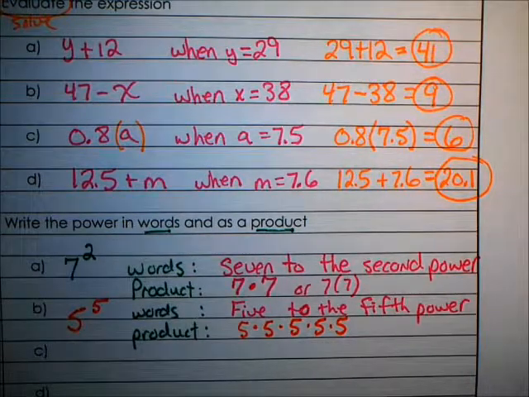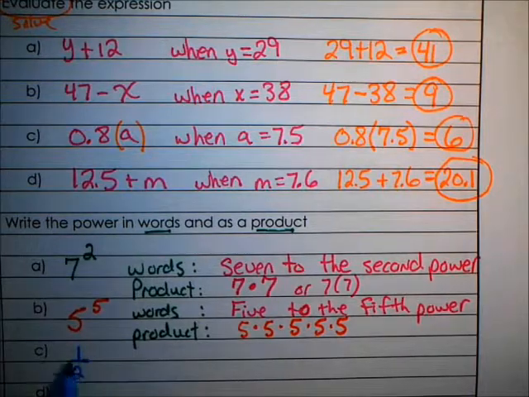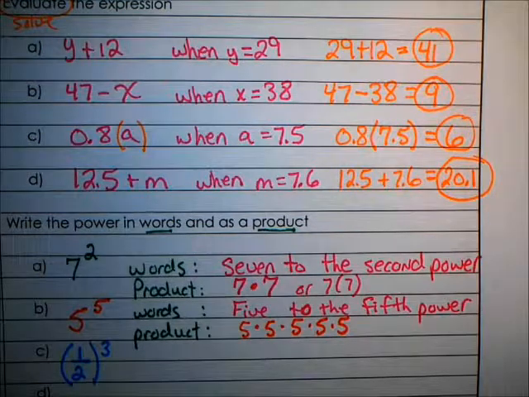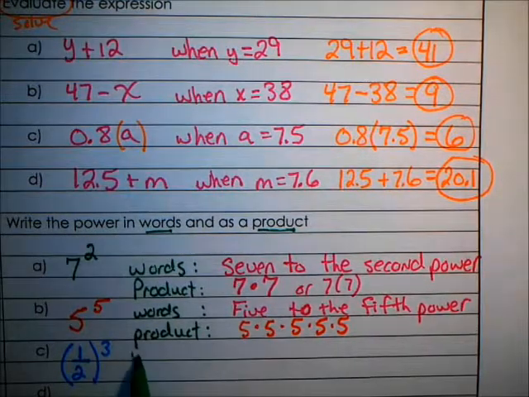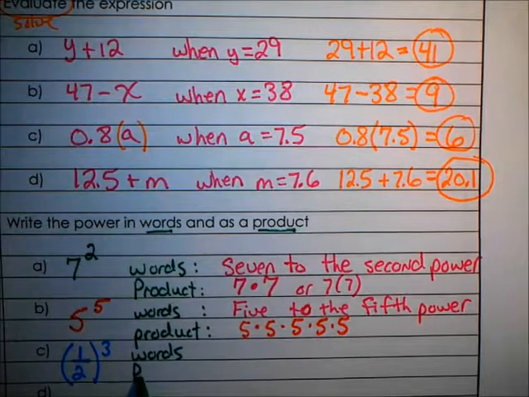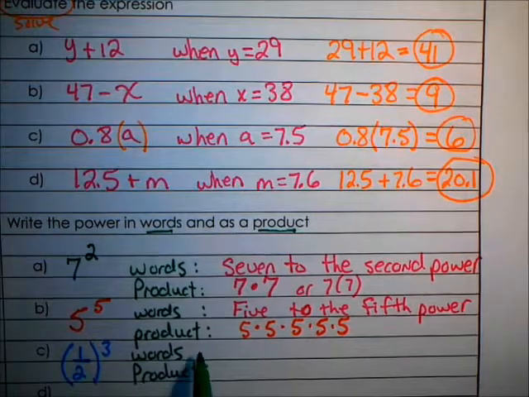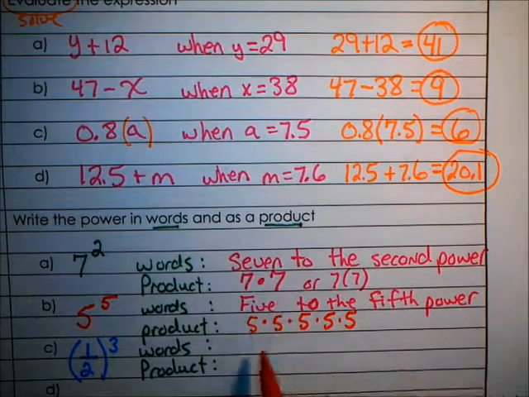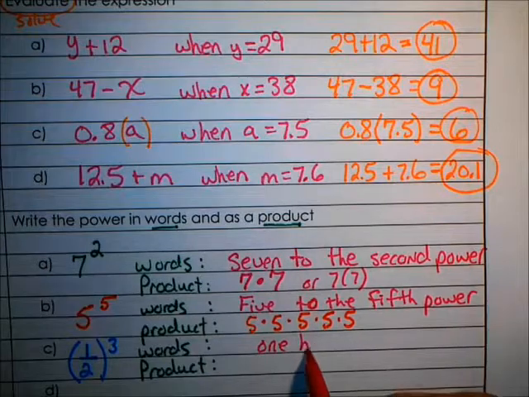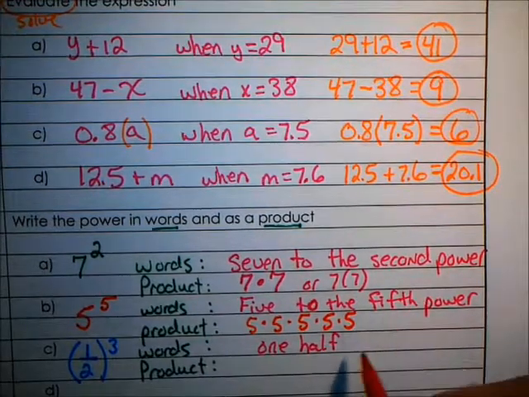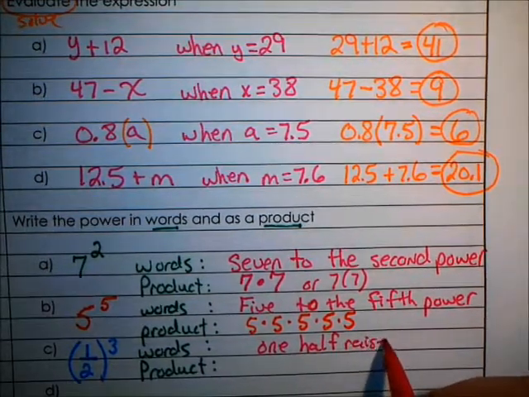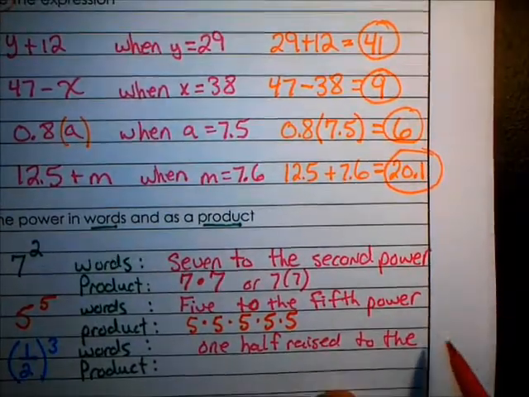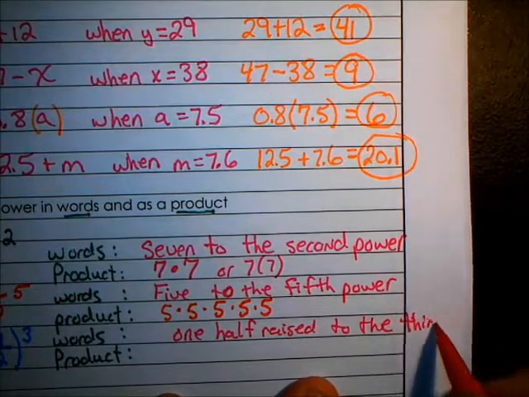Okay, so what if I have a fraction now? Suppose I have 1/2 raised, with the little 3 as an exponent. So my words, if I'm going to write it, the 1/2 raised to the, and the little 3 would be represented as the 3rd power.